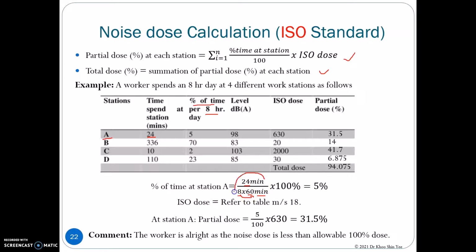After you compute this and multiply with 100%, then you should obtain the percentage of time at station 1 here, which is equal to 5%. Then you continue to perform the calculation for the partial dose by taking the 5% divided by 100 and multiplying with the corresponding ISO dose. Then you obtain 31.5, which is exactly the same as we calculated previously.